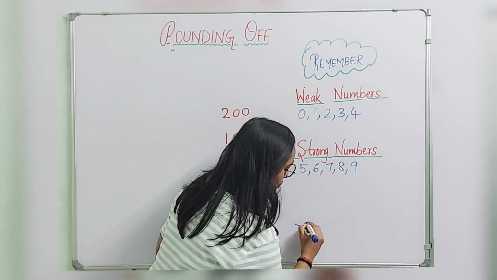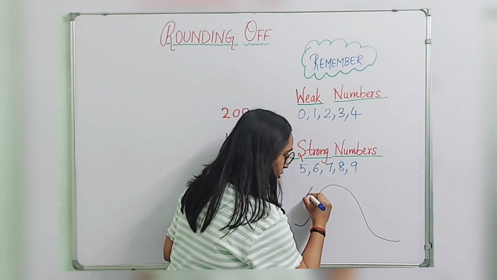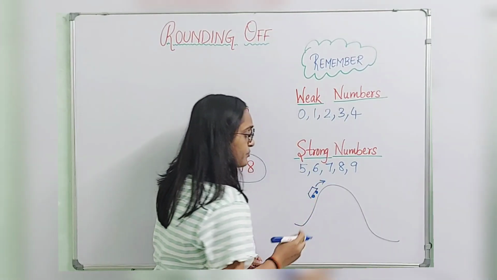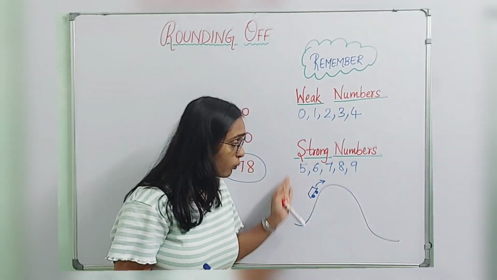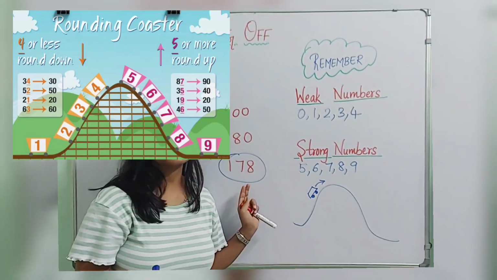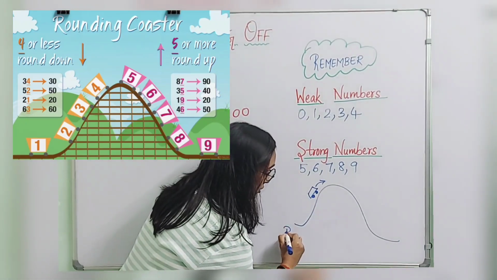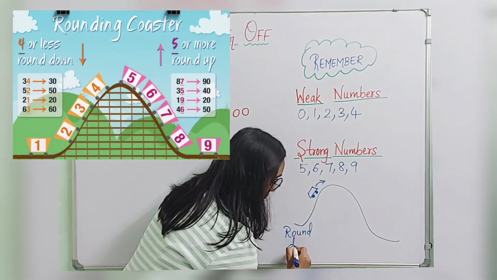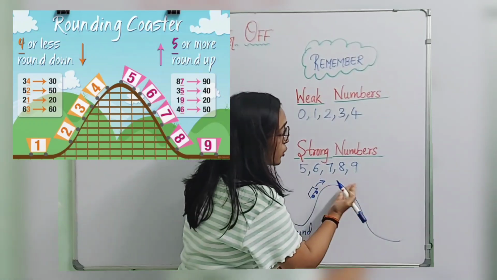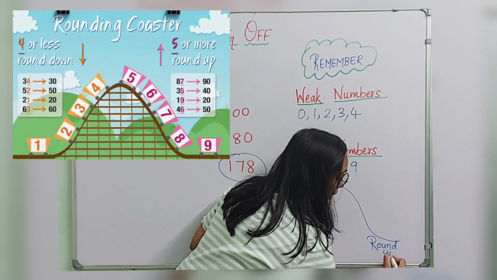Now imagine there is a roller coaster, and a vehicle going across it. If the vehicle is strong enough to overcome the roller coaster, it will go ahead, but if it is not strong enough, it will slide down again. Numbers which are weak will round down, they will go down again, and numbers which are strong will go across the roller coaster and round up.